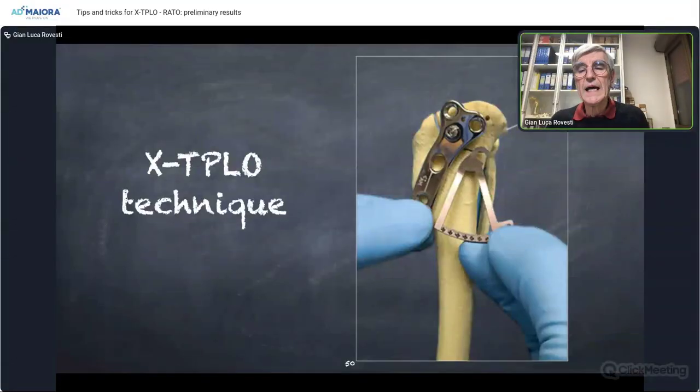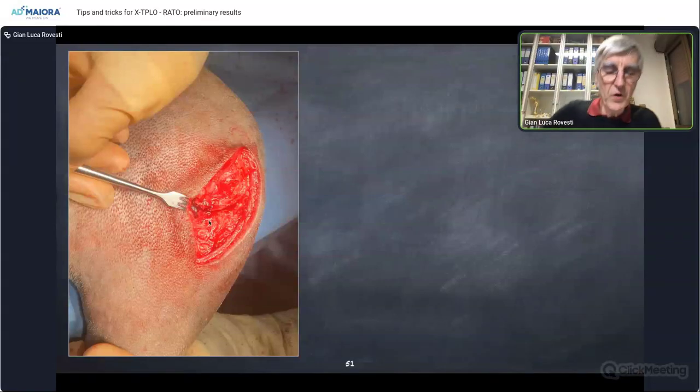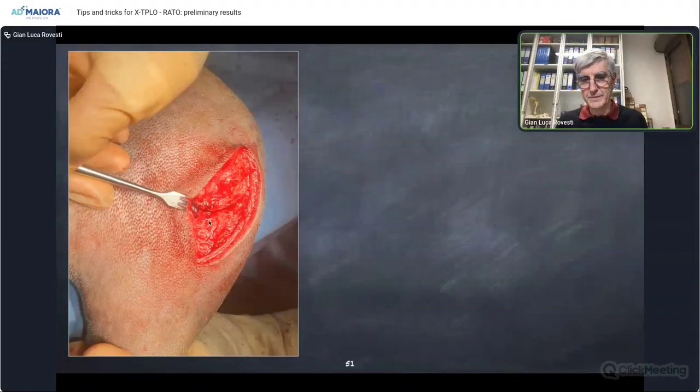In the specific X-TPLO technique, once the osteotomy is performed, I can guarantee you that it won't move. It won't. So we don't need the jig to stabilize it. So the osteotomy is performed.